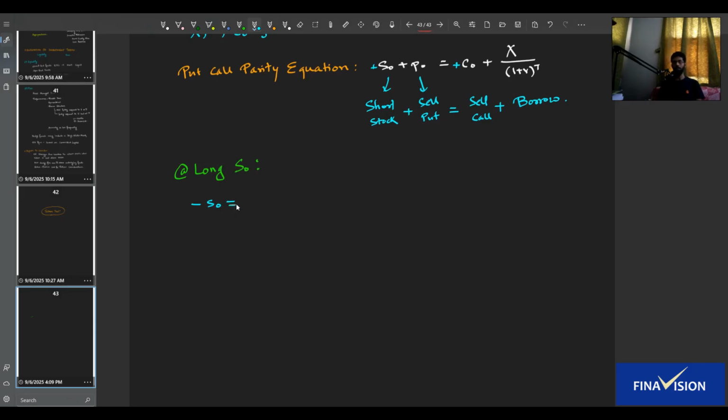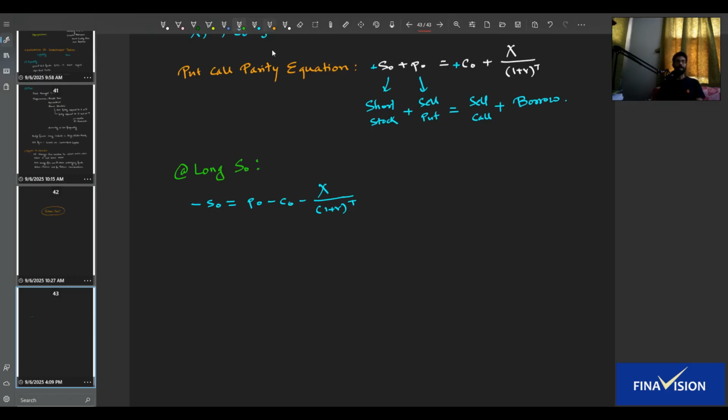Minus S0 will be equal to P0 minus C0 minus present value of the strike of the options. Again, the options have the same strike X and the same maturity T, and premiums of the put option and call option are P0 and C0 respectively, right?